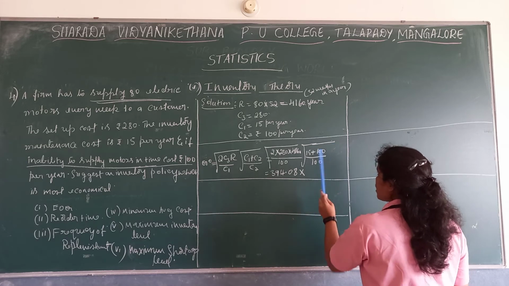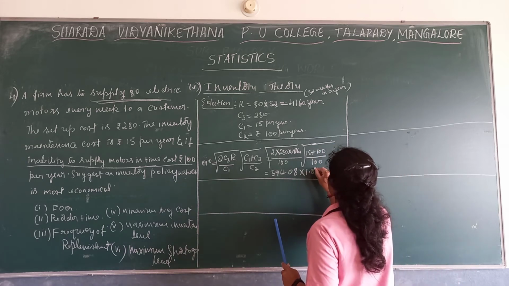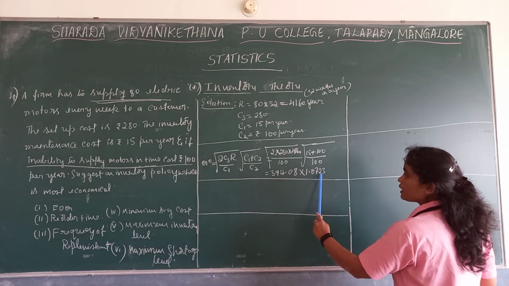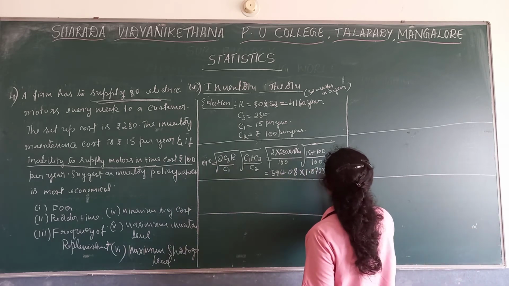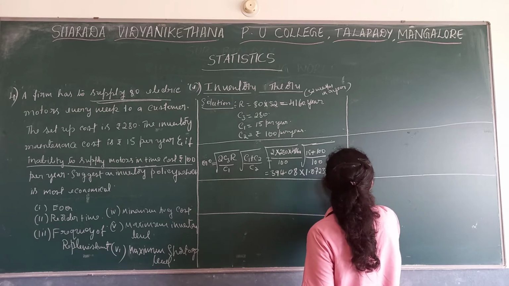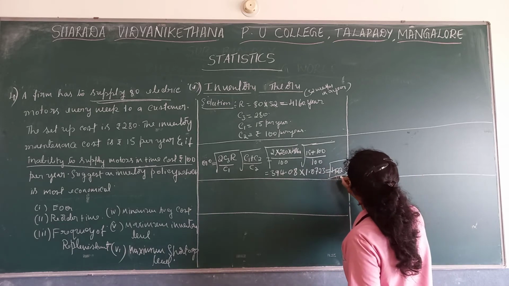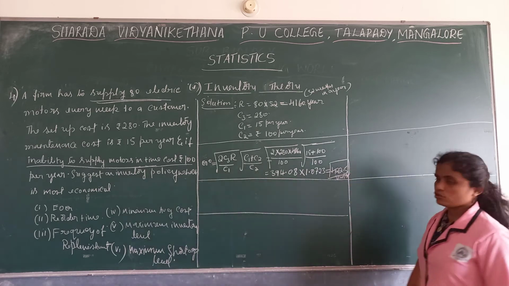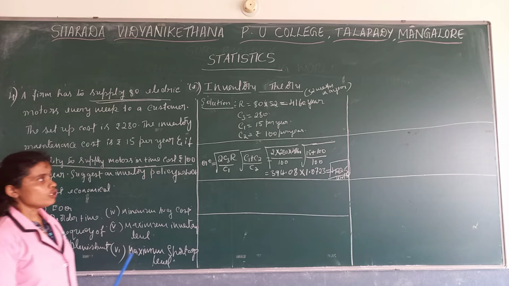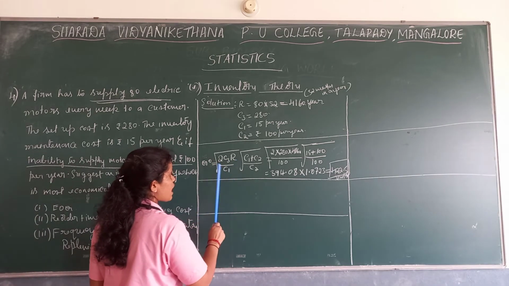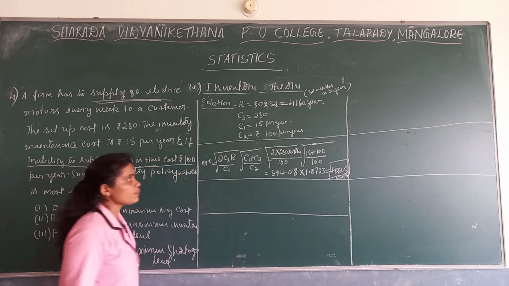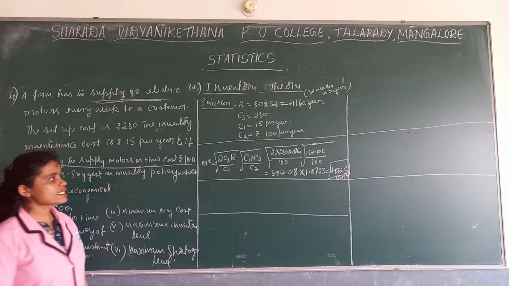When we solve this, we get 1.0723. Now we need to multiply these two. When we multiply these two, we get 422.5 units per year. This is about Q0. See there, two formulas: 2C3R divided by C1 into root of C1 plus C2 divided by C2.